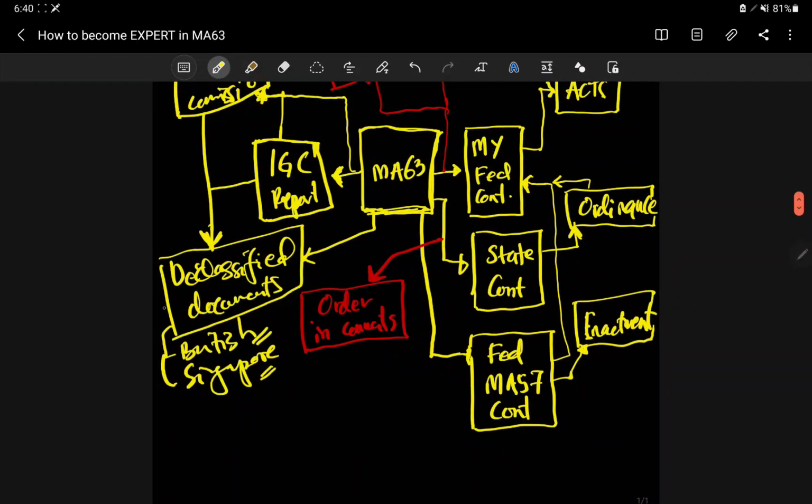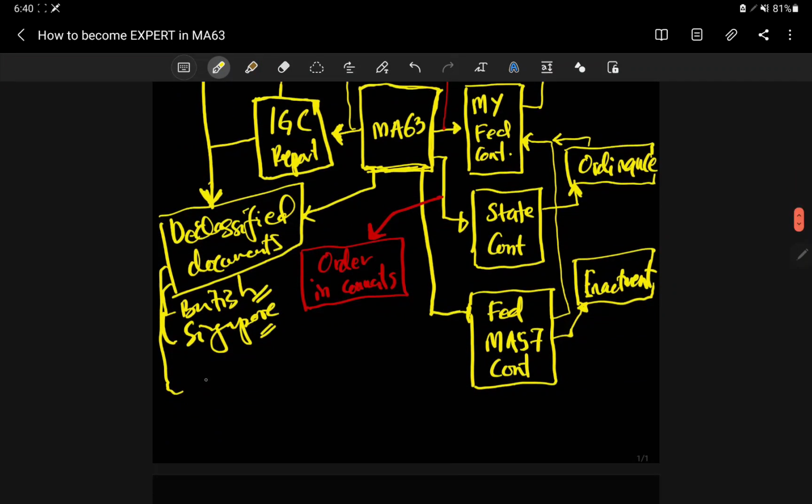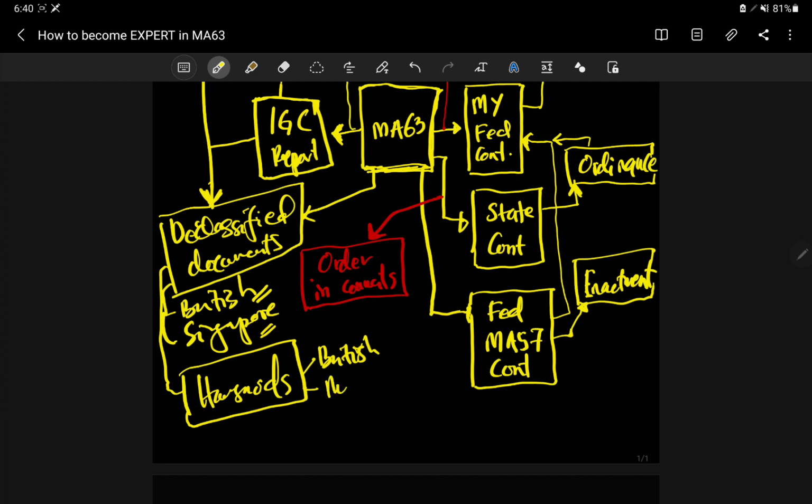Another source, the same as the declassified documents, is the Hansard. The Hansard that you can check is from the British, from Malaysia, and from the states, Sabah and Sarawak.